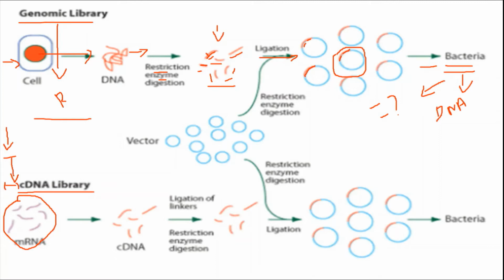This single mRNA, using RT, reverse transcriptase enzyme, is converted into cDNA. This is a multi-step procedure we already know very well. This double-stranded cDNA from mRNA is called cDNA. Maybe it contains one gene or more genes.